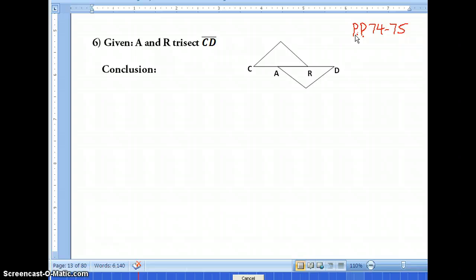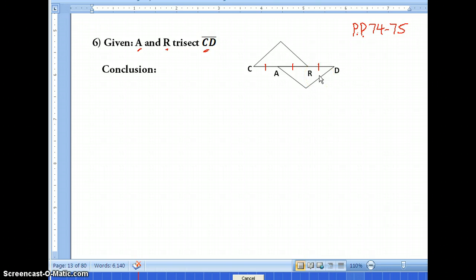You are given that A and R trisect segment CD. Well, what do we know about trisection points? If two points trisect a segment, then they do what? They divide that segment into 3 congruent segments.